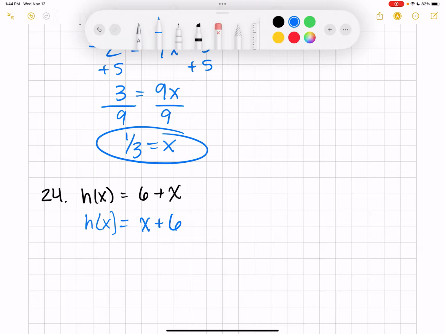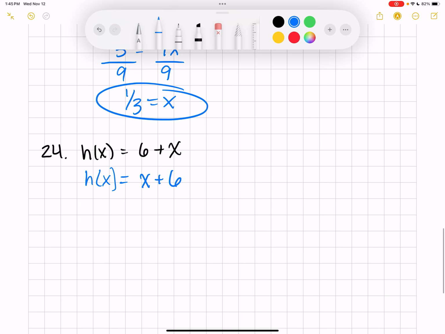If you feel like you're struggling with this, you can do this, and that's totally okay, because that's all that this means. People tend to get these wrong because they overthink the h of x, the f of x, the m of x, whatever value is there. It's just y. Okay? So, let me set up my graph here.